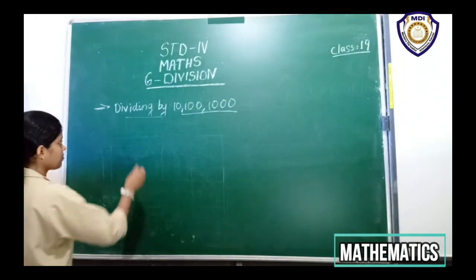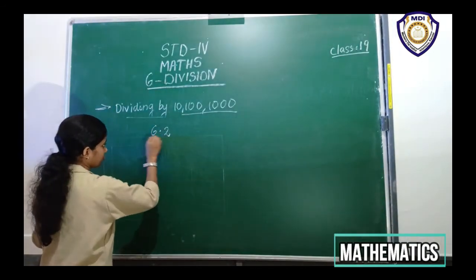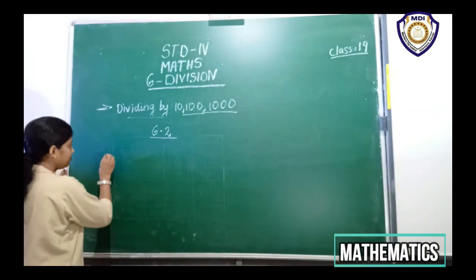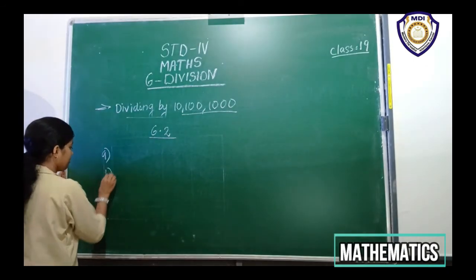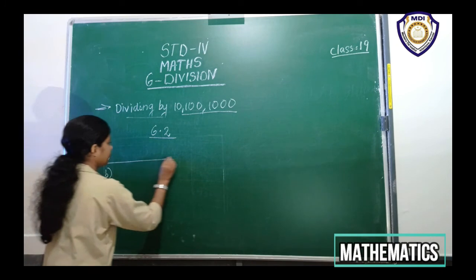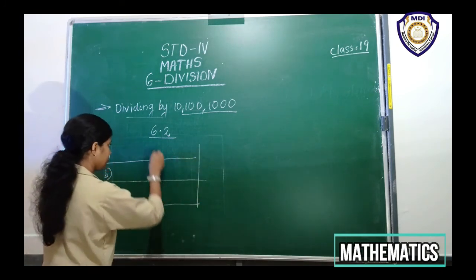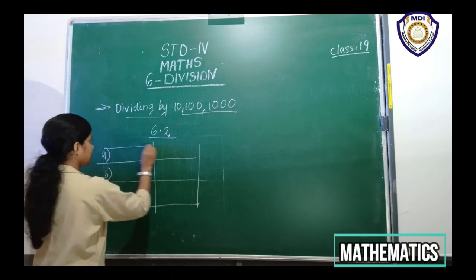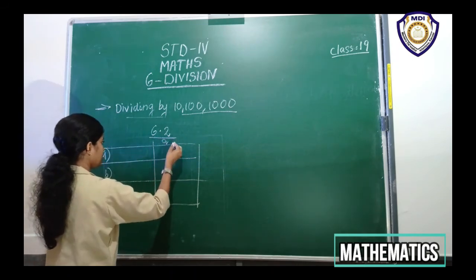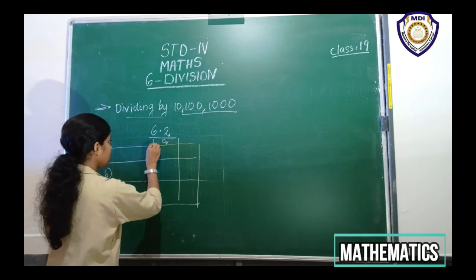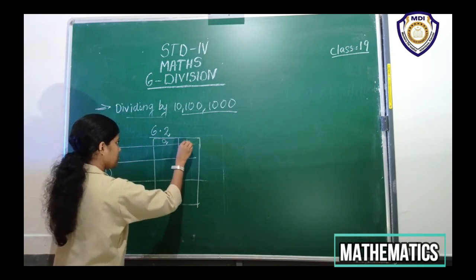Exercise 6.2, A, B and C. Write quotient and remainder.